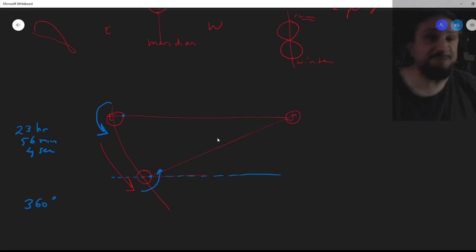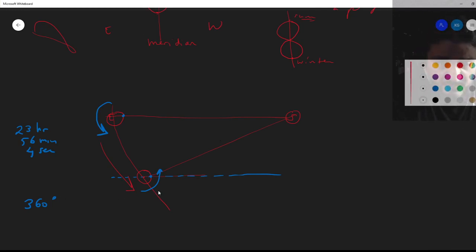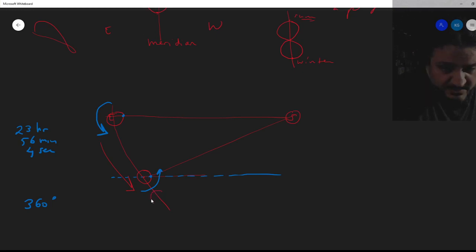So actually, the sun is to your left. When you're facing south, the sun is on the east side of the meridian. The sun will require 4 more minutes, which means that Earth will move a little bit more during those 4 minutes.